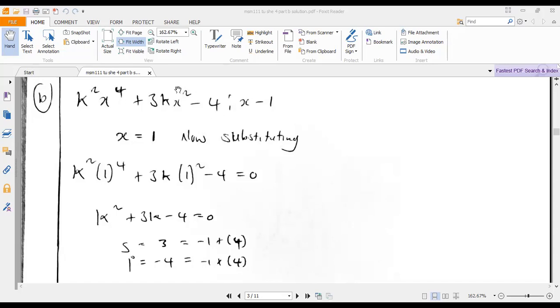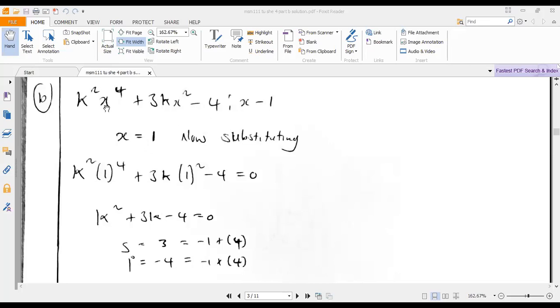Let's say if you have a polynomial, then you know that p of negative b over 2a is always equal to 0. I think that's the formula for polynomials. So when you have that, you say x minus 1 is equal to 0. Then you solve for x. You know that x is 1.